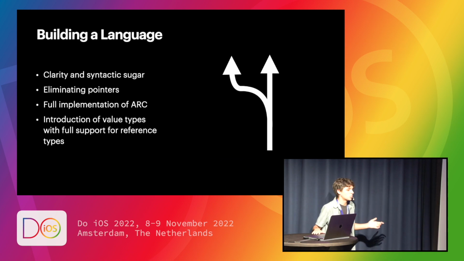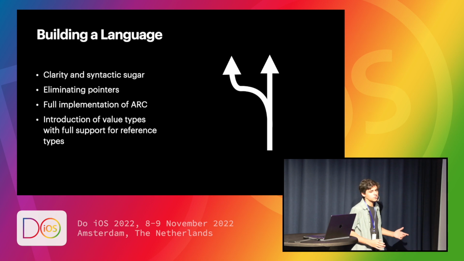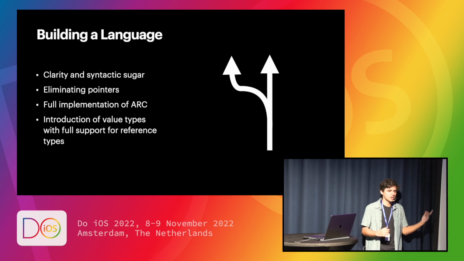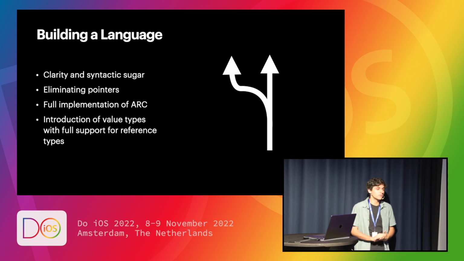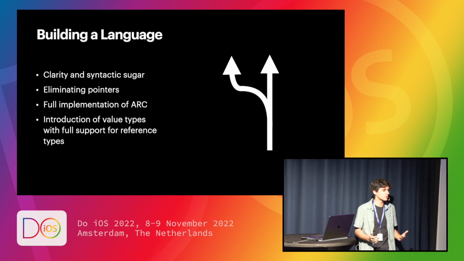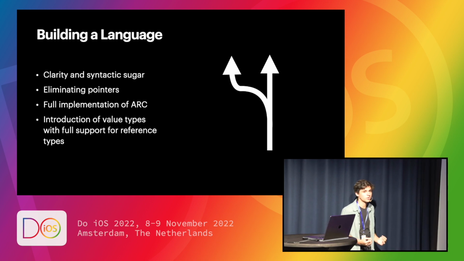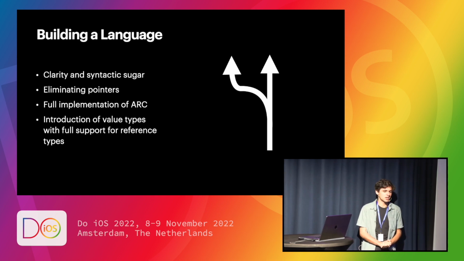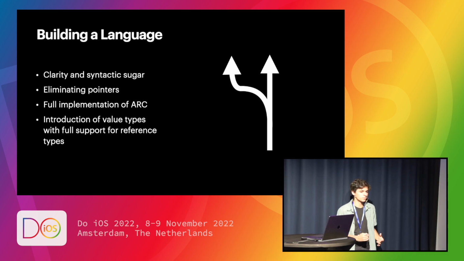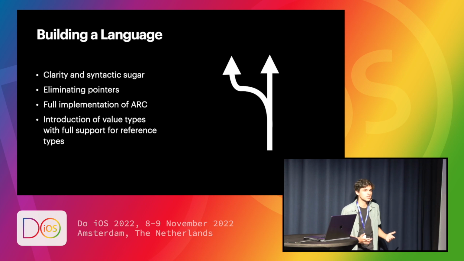And with this, we are able to build our own language with Swift. With Swift, there was the ability to add in clarity. We got rid of the pointers that just get in your way. You can fully implement automatic reference counting without dealing with those millions of errors showing up whenever you're using legacy code. Value types start to be introduced with full support for reference types still around.